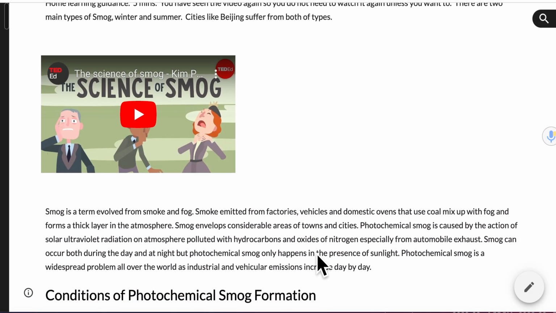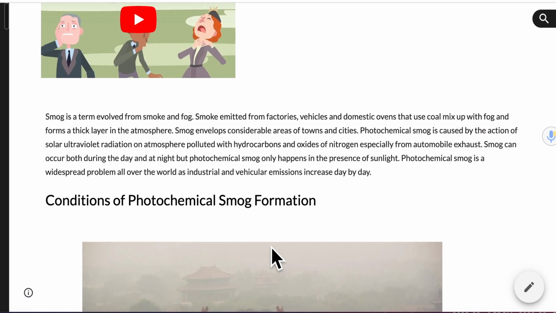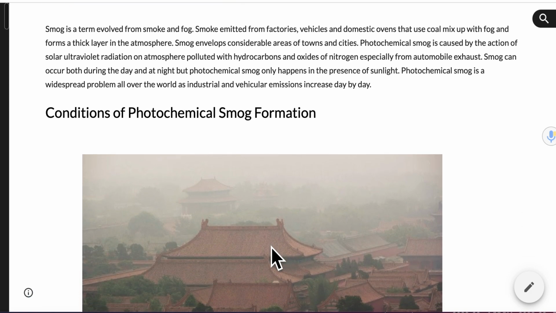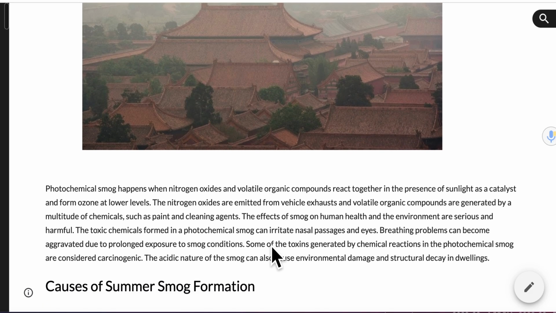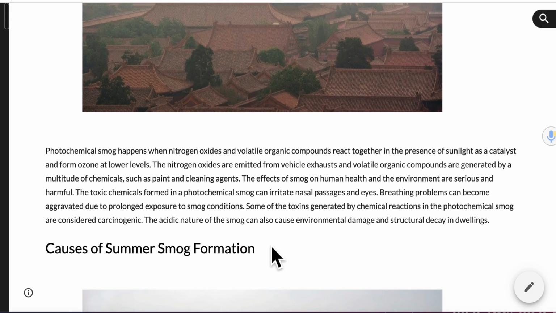So I want to give you a little bit more understanding of exactly what photochemical smog is. So in the previous video I talked a little bit about NOx, nitrogen oxides. They're as a result of transportation and industrial activity.